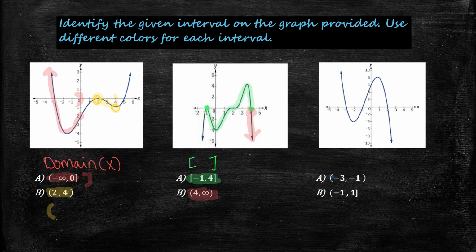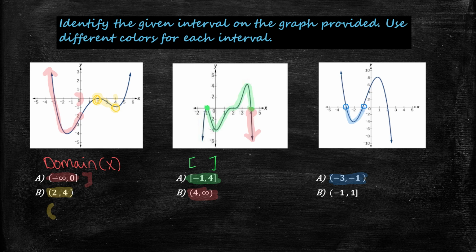Okay, so let's look at the next one. So let's do this one in blue, from -3 to -1. So we're going to start at -3 and we're going to go to -1 and stop. Both of those are going to be open circles since we have parentheses on both ends.